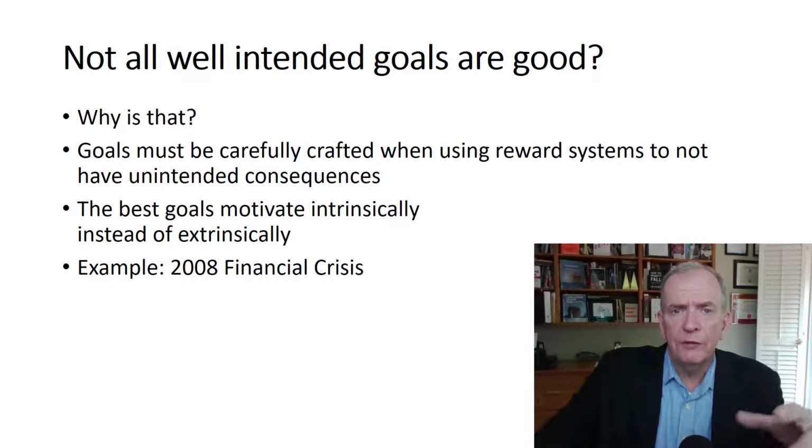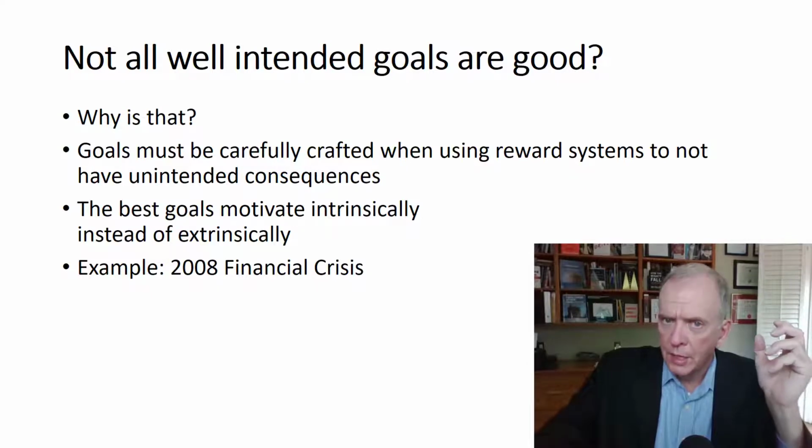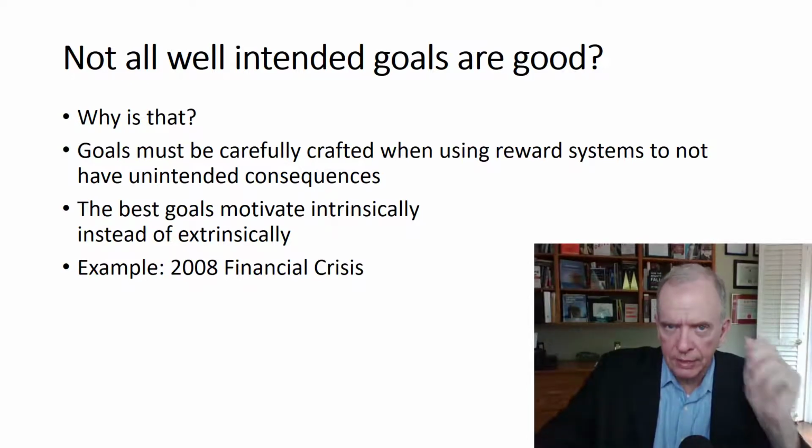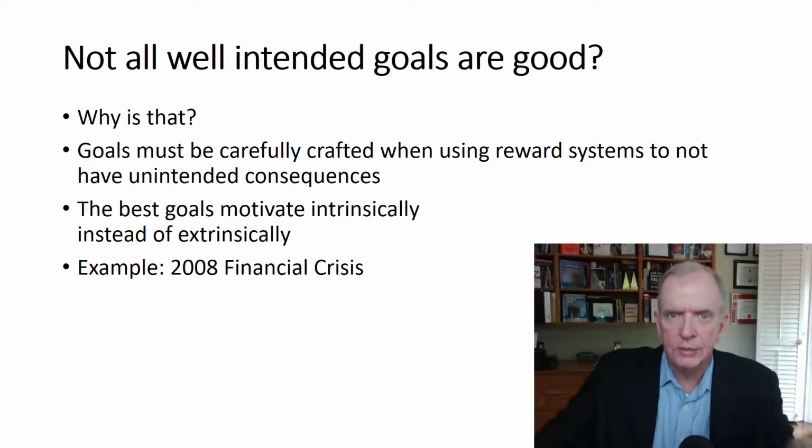But if they're too driven towards achieving the goal, then maybe they're going to achieve it at the expense of something else. So for one example, I would say is the 2008 financial crisis. There were a lot of goals that were given by banks to their employees to get mortgages and get more mortgages and get them signed off. And the more mortgages, the better.